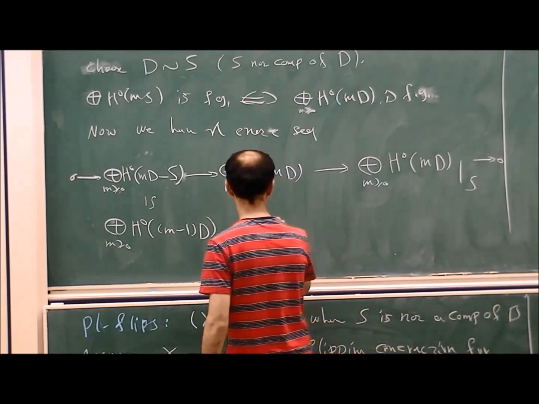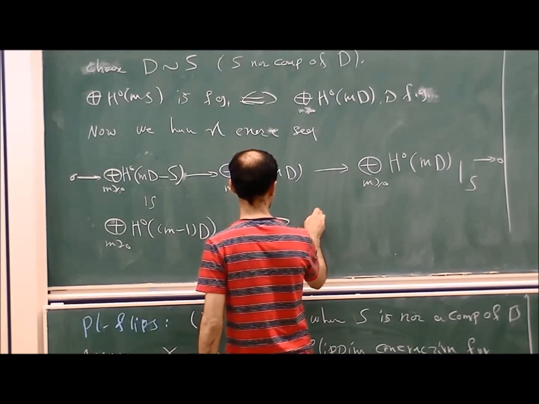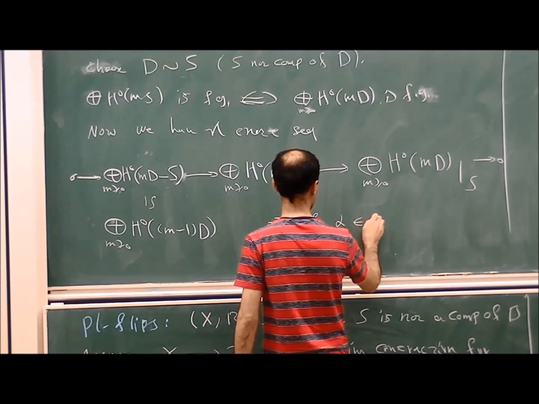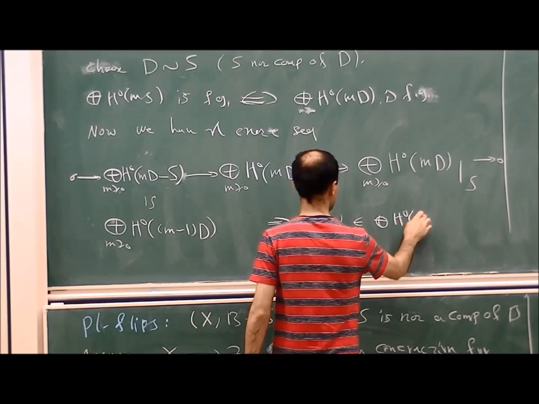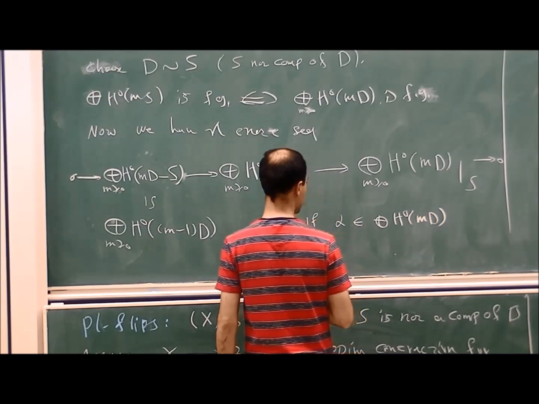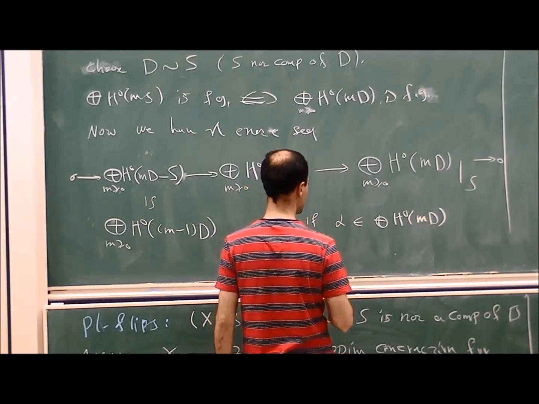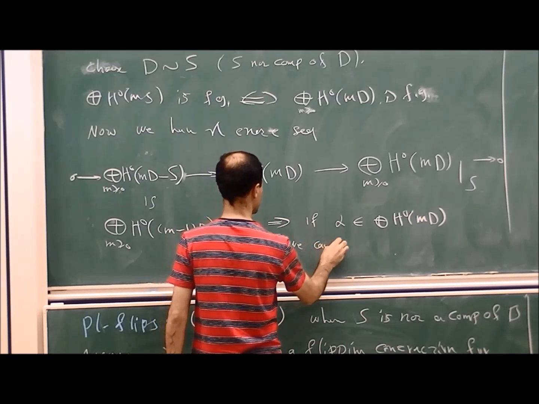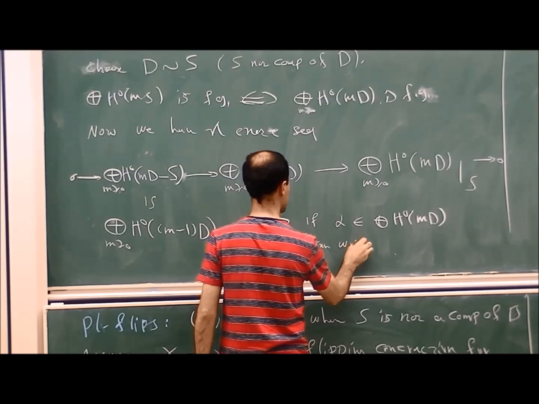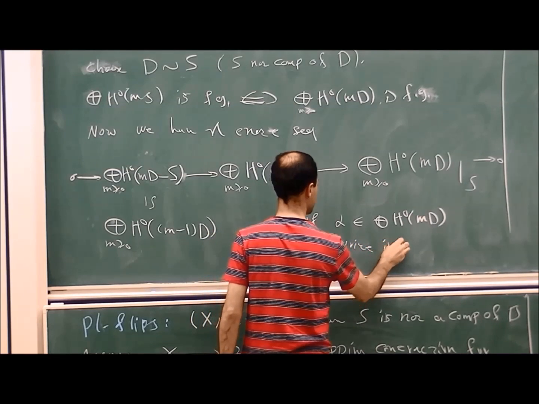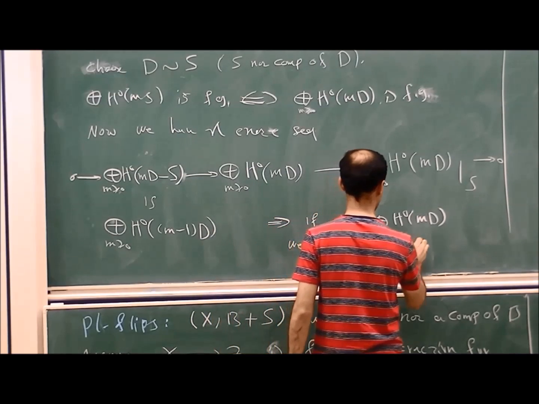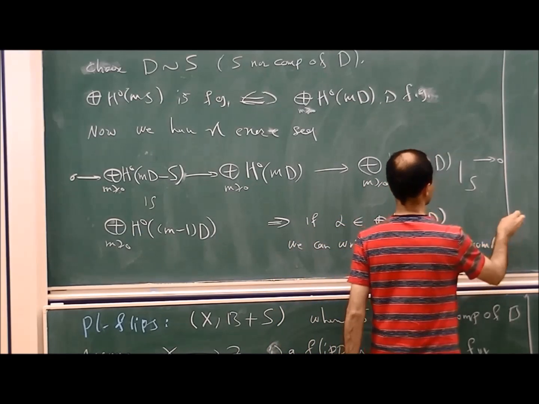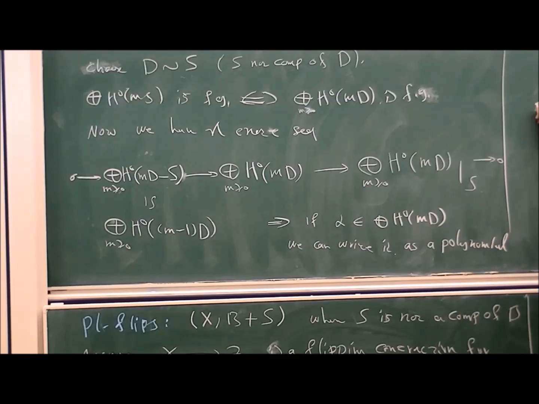Then, if you take, let's say, alpha in some homogeneous piece here, then we can write it as a polynomial in finitely many fixed elements.